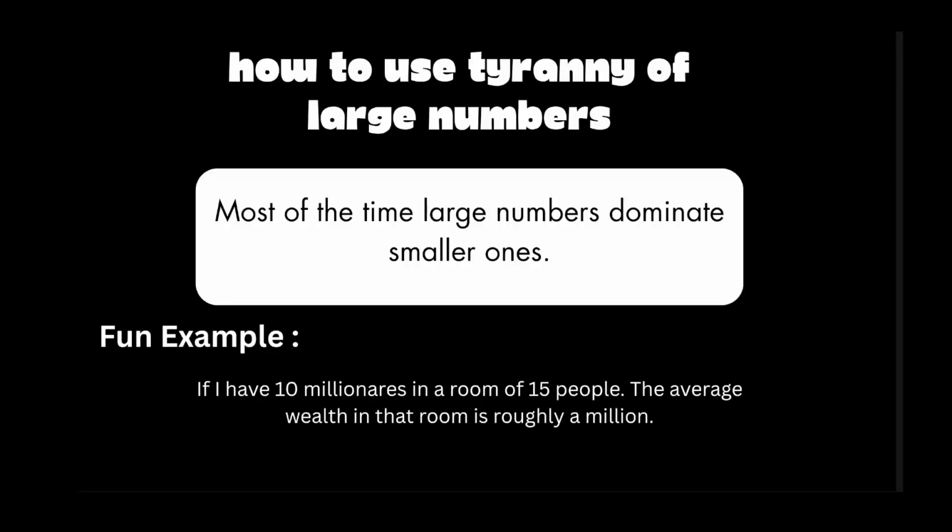So if you have like 10 millionaires or 3 billionaires in a room of 15 or 4 people, the average wealth in that room is roughly a million, or in the billionaire case, a billion. This is mainly because the billionaire's money or the millionaire's money is going to be a lot higher than the average people.